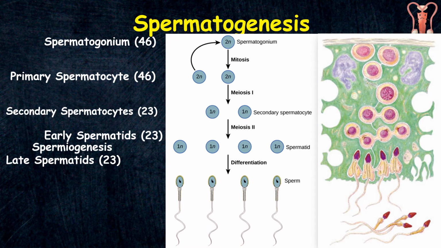The phase of formation of spermatozoon, or spermiogenesis: here the late spermatids do not divide further, but they undergo morphological changes and form the sperms.